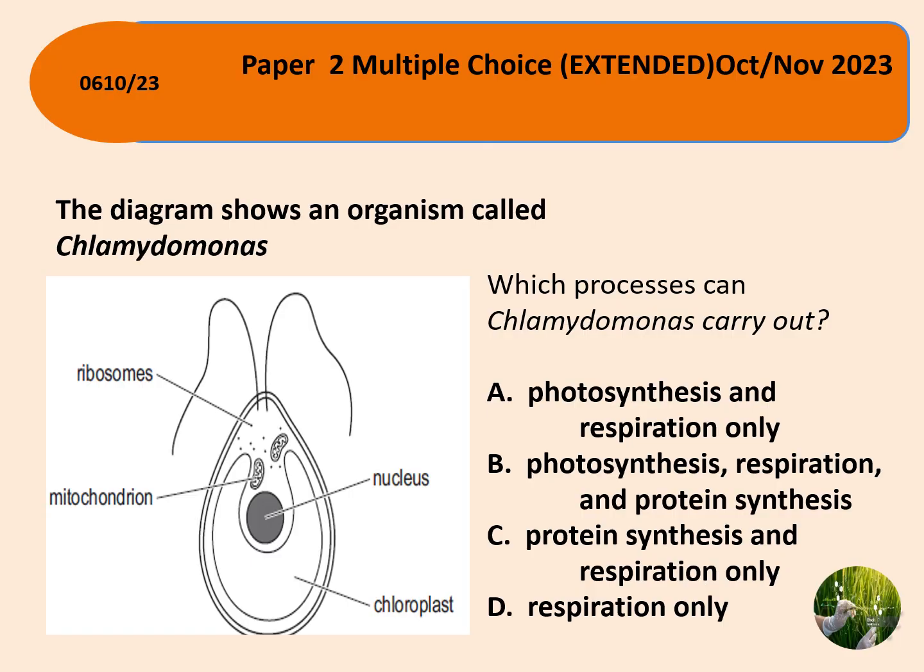C is protein synthesis and respiration only. It is omitted that chloroplast can photosynthesize. D. Respiration only. That is also not correct. So B is the correct answer, where photosynthesis, respiration and protein synthesis can be carried out.